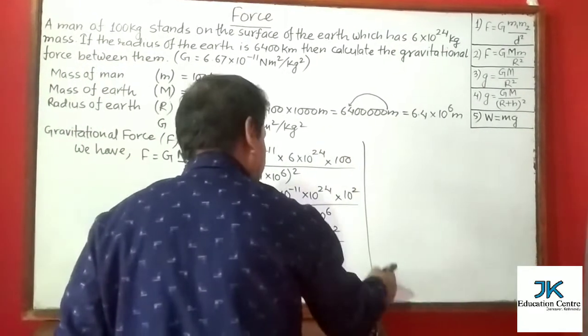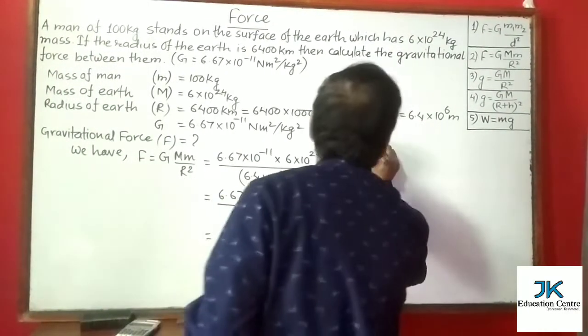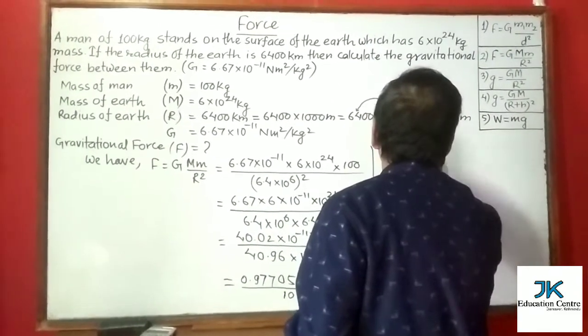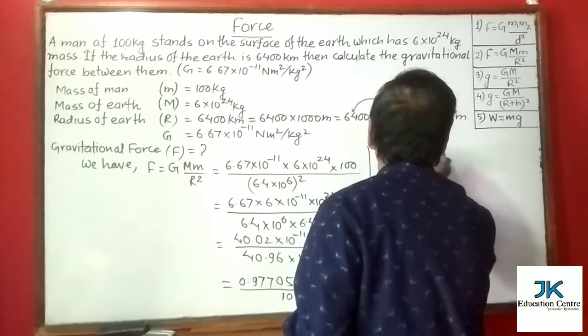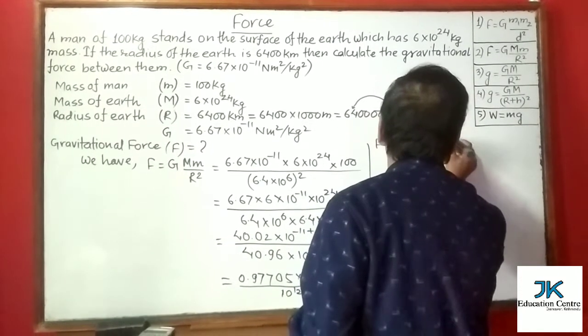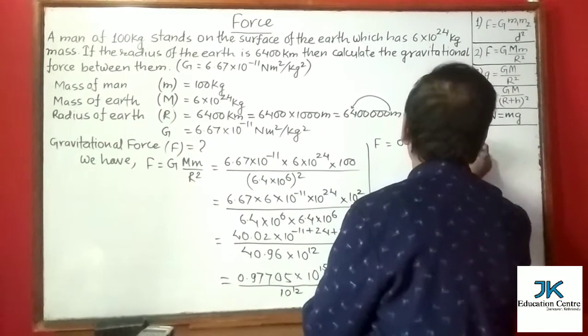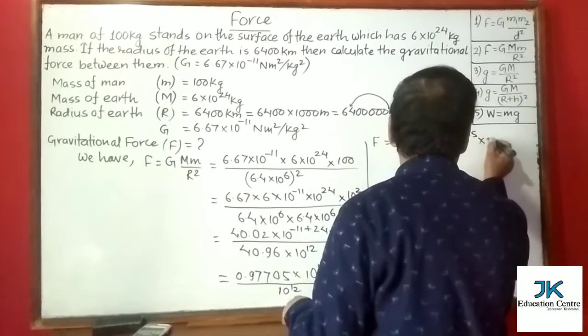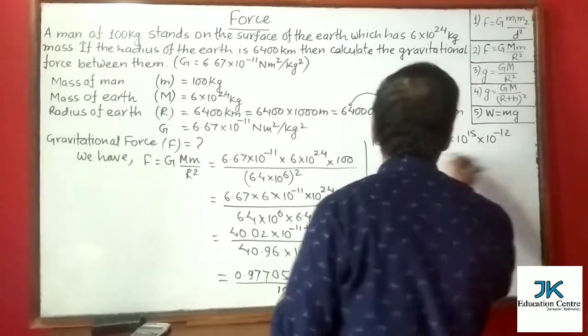Now it is F is equal to 0.97705 into 10 to the power 15, and if 10 to the power 12 is taken to the numerator, it becomes 10 to the power minus 12.